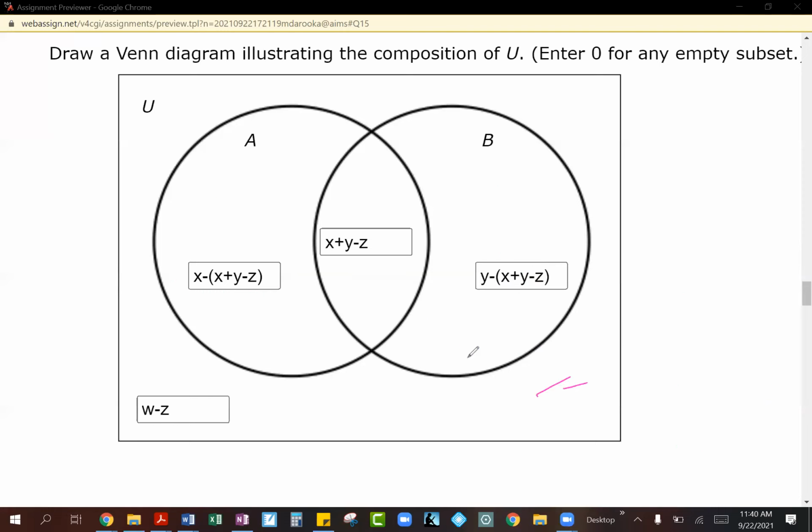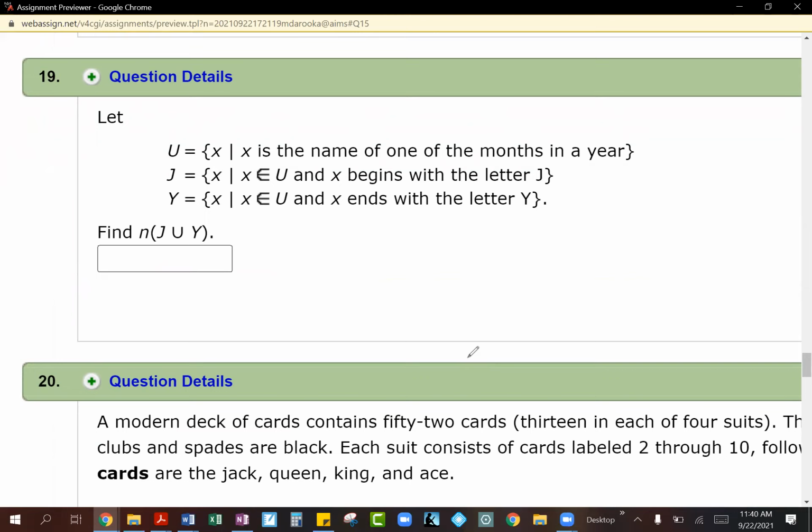Okay, so again, this one is based on cardinal numbers. Let's take a look at this. Universal is basically X such that X is the name of one of the months in a year.